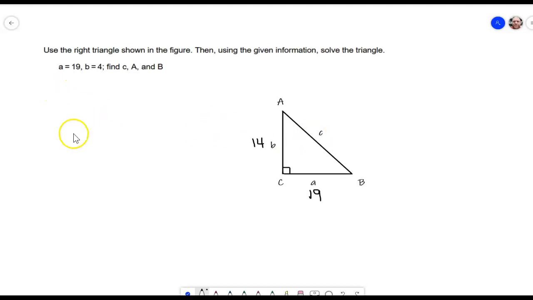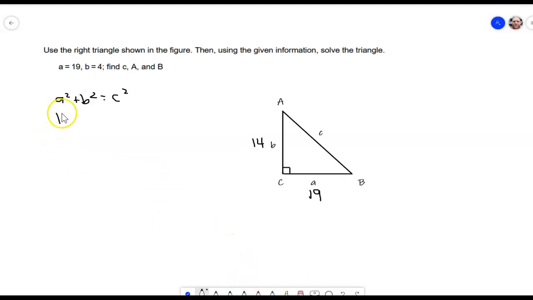And that Pythagorean theorem tells us that a squared plus b squared is equal to c squared. So I'm going to write that right here: a squared plus b squared is equal to c squared. And then I'm just going to replace a and b. So a squared is going to be 14 squared.